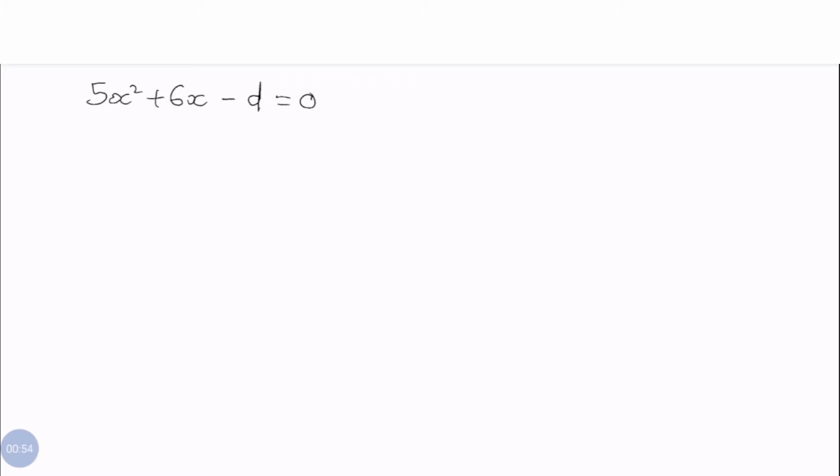We're supposed to calculate the value of d if 5x squared plus 6x minus d has equal roots. So how do we calculate the value of d if the trinomial has equal roots? Let us use our quadratic formula to calculate the value of d.